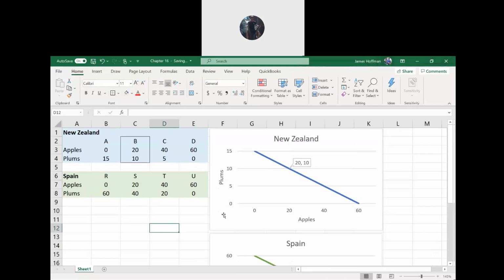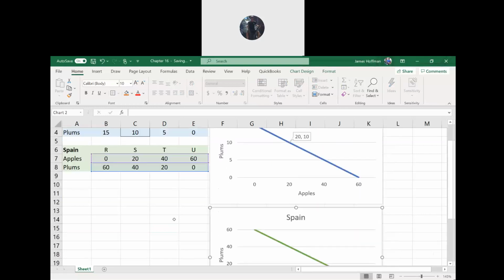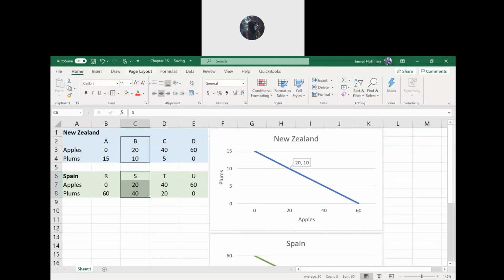All right, so there we go. We can see all these points up here for New Zealand. We can see all the points here for Spain. Last thing is just to show the initial production point for Spain, which was alternative S, which is this one. So 20 apples and 40 plums.